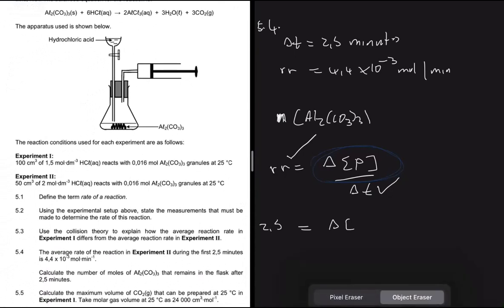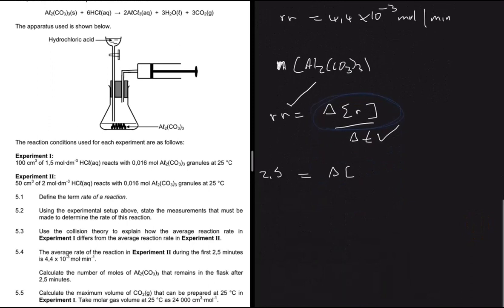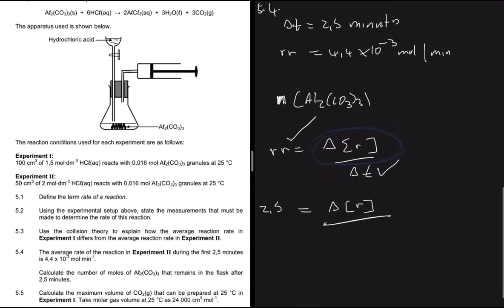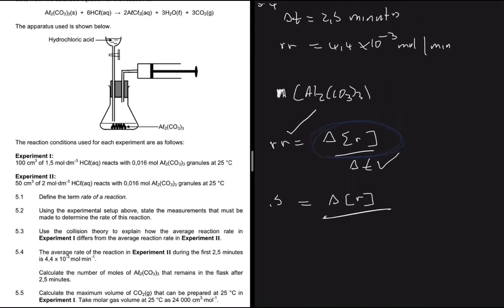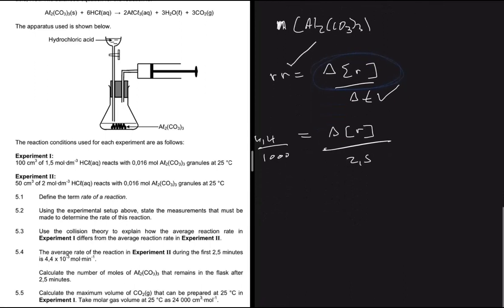So here we're supposed to have the change in the reactant divided by time. Actually, I put time where it's not supposed to go. Time is supposed to go here, 2.5, and then here we have the reaction rate, 4.4 times 10 to the minus 3. That is the same as divided by 1000.